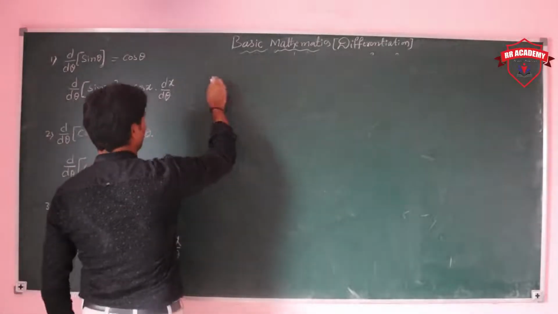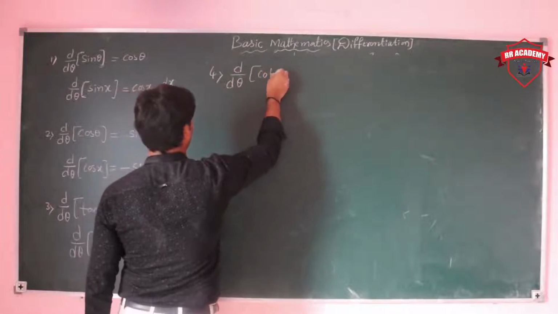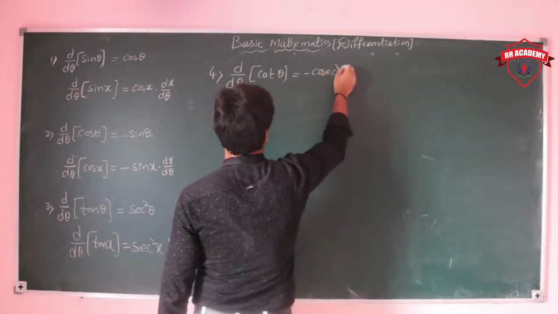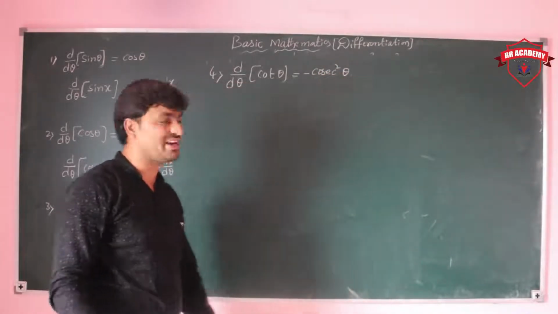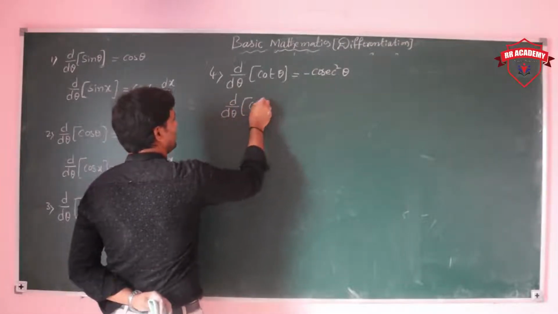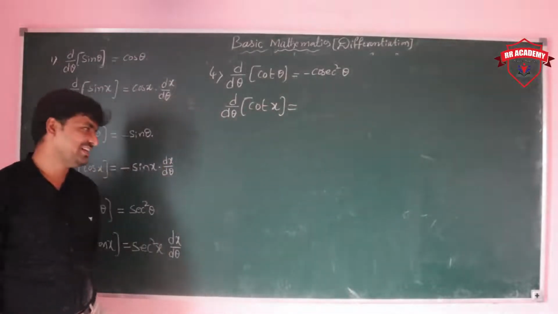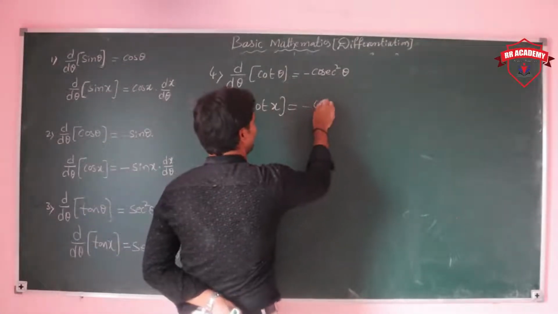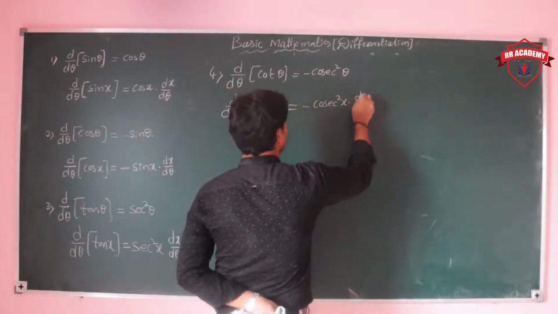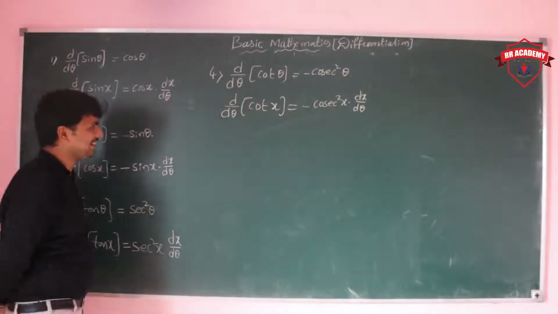Next, take one more, d by d theta of cot theta. Cot theta means minus cosecant square theta. Differentiable and differentiating function are both the same. If it is cot x, can you say what the value is? Yes, very good. Minus cosecant square x, and x value is dx upon d theta.